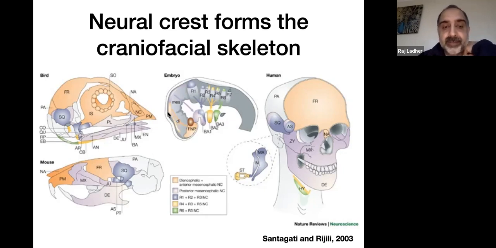And so you have neural crest that's coming from the mesencephalon and diencephalon, so from the midbrain and forebrain. And these will end up in the frontonasal process, and some in the maxillary arch. You're having neural crest that's born in different components of the hindbrain as well.